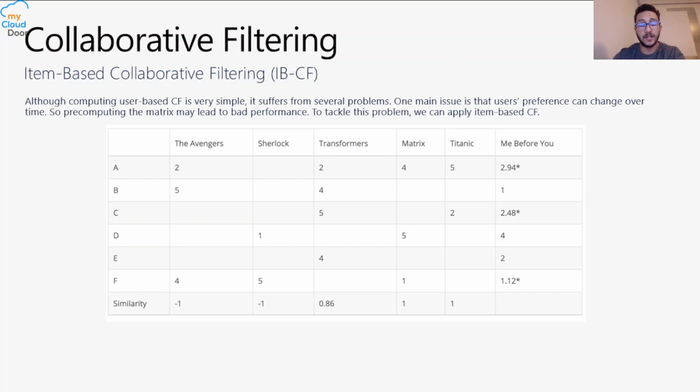So to tackle this problem, we can apply item-based filtering. And let's explain it the same way. So back to our friend Stanley. Instead of focusing on his friends and the similarity between them, we could focus on which items from all the options are more similar to what we know he enjoys.